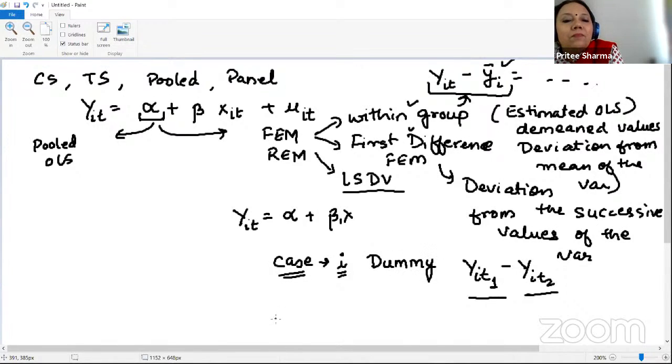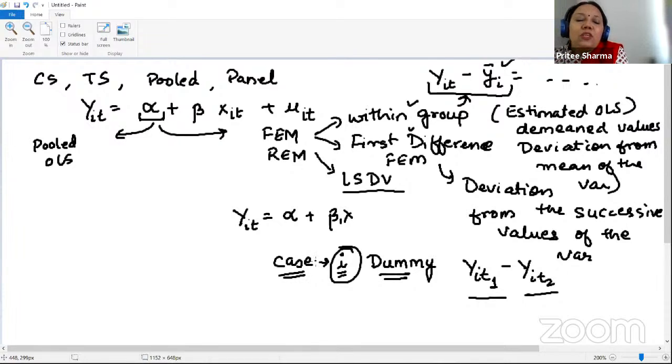The only thing that we need to remember here is that when we are creating the dummies, the number of dummies will be one less than the number of cases represented by i.